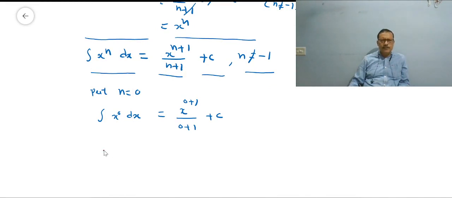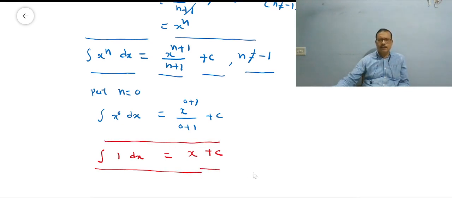So this is the integral of 1 into dx, which is x to the power of 0 plus 1, that is x by 1, that is x plus c. So the formula of the integral of 1 dx is x plus c. This is another formula.